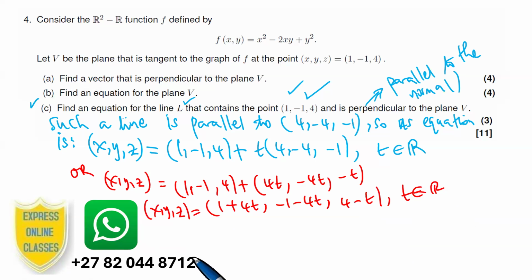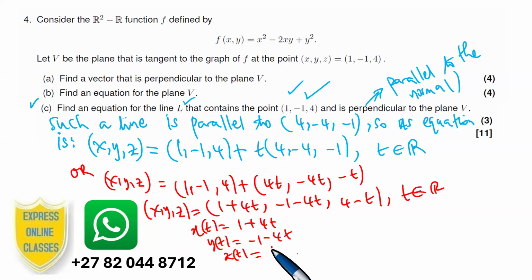They are as follows: x(t) is 1 plus 4t, y(t) is minus 1 minus 4t, z(t) is 4 minus t, and t is an element of the set of real numbers.